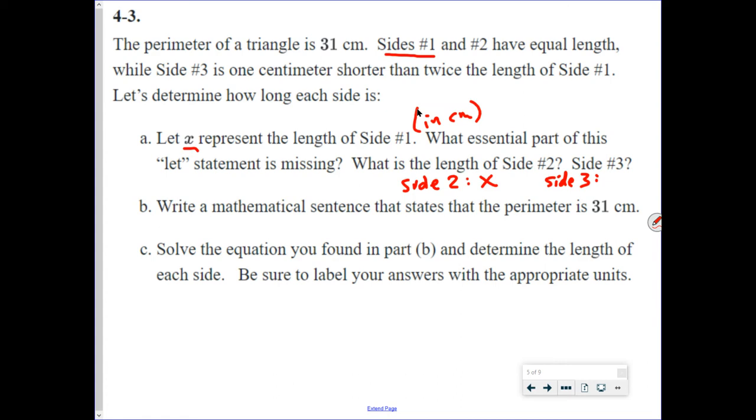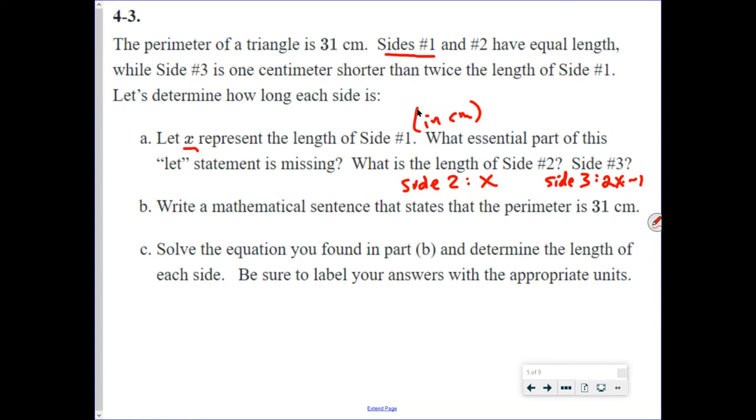It's 1 centimeter shorter than twice the length of side 1, so it should be 2x minus 1. 2x minus 1. Got it? All right, so now letter B, write a mathematical sentence that states the perimeter is 31 centimeters. So take a second, please. Write me a sentence that shows that the perimeter is 31 centimeters mathematically, okay?